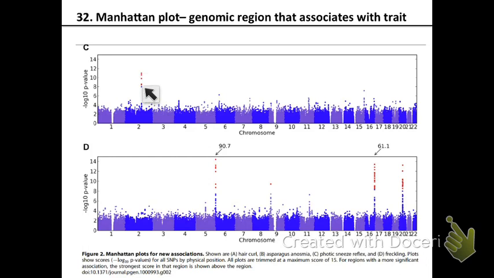So here, what you're looking at is that for the photic sneeze reflex phenotype, there is a region on chromosome 2 that has a bunch of SNPs that are correlated with this phenotype. It's not telling you just yet what gene is correlated with this phenotype, but you can suspect that if a bunch of SNPs is correlating with this phenotype, there must be a gene at this locus close to these SNPs, right?